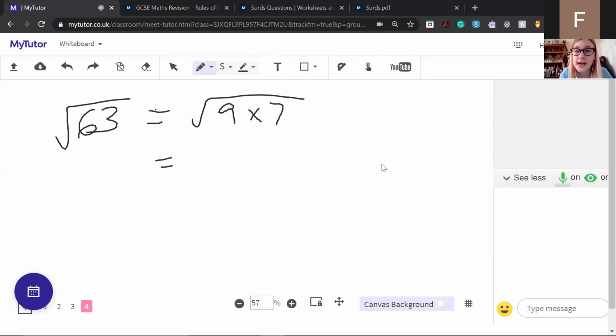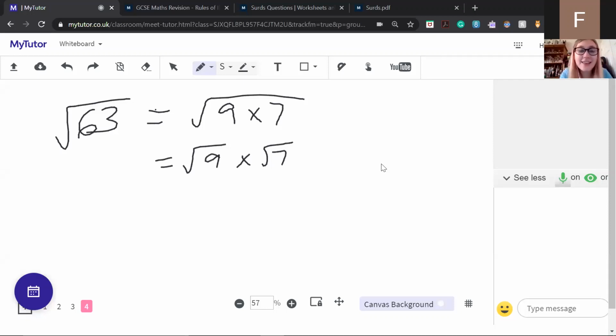Then we use our surd rule, so that this is root 9 times root 7. And then root 9 is just 3, because that's why we chose 9, because it's a square. We could have written this as 3 times 21, but it wouldn't have helped us, because neither of those are square, so then we'd just be stuck with root 3, root 21.